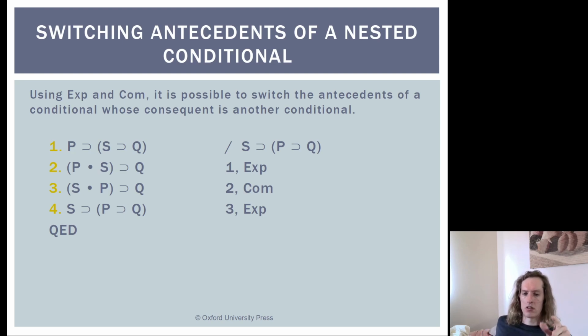Now, just because you know that this works, you can't just shortcut from 1 to 4. You would have to go through each one of these steps, even though some of them, like step 3, where you apply commutativity to step 2, are probably going to be really obvious to you.